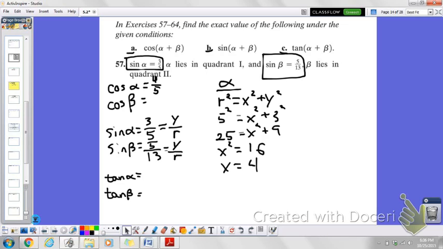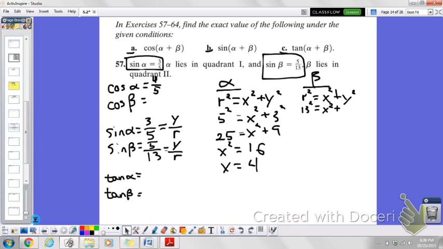Now we can find our beta value, and we're going to use our Pythagorean theorem again. R squared equals x squared plus y squared. This time r is equal to 13. We still don't know x, so we'll have x squared.